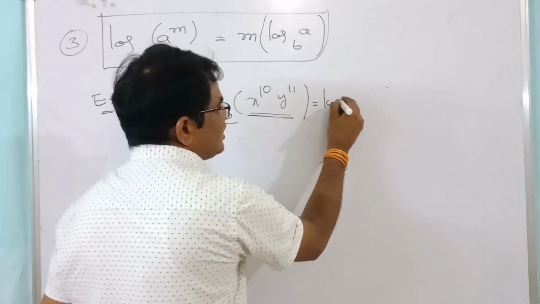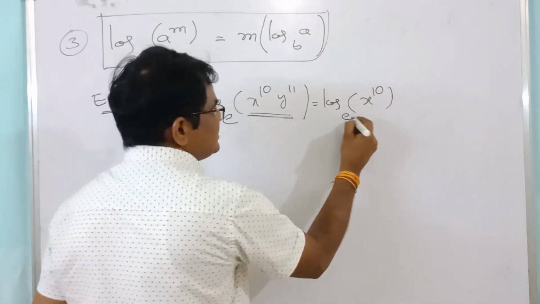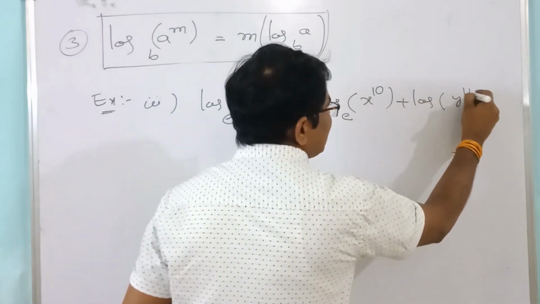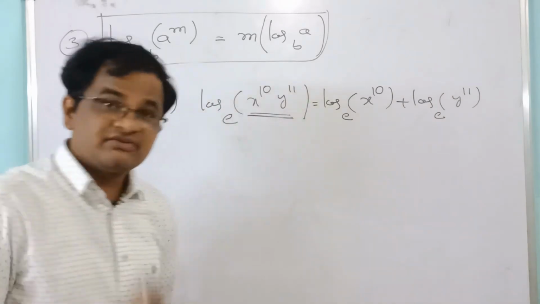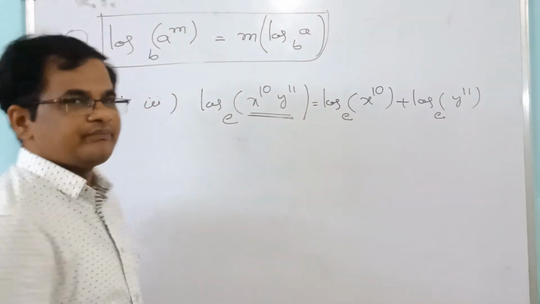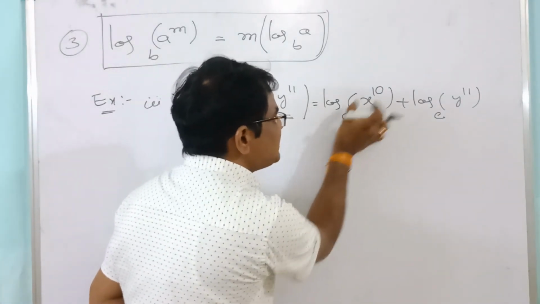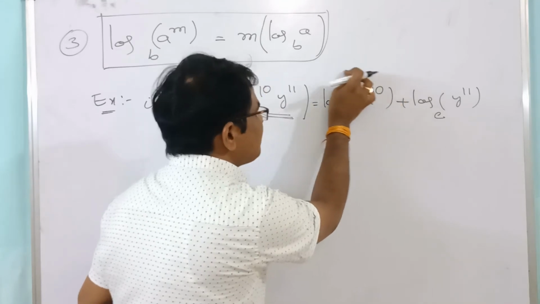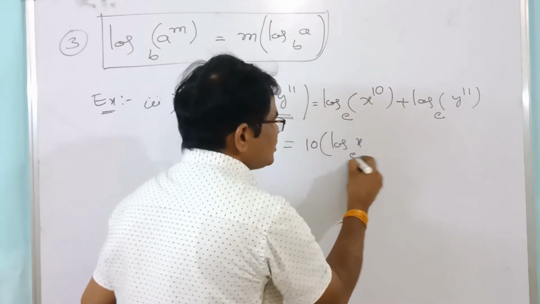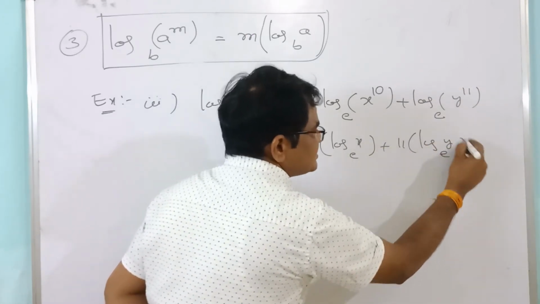That is equal to log of x to the power of 10 to the base e plus log of y to the power of 11 to the base e, by the first property. Again, now apply this third property. Here the power of a to the base b is 10. Just this power we write, 10 into log x to the base e, and here 11 into log y to the base e. That's it.